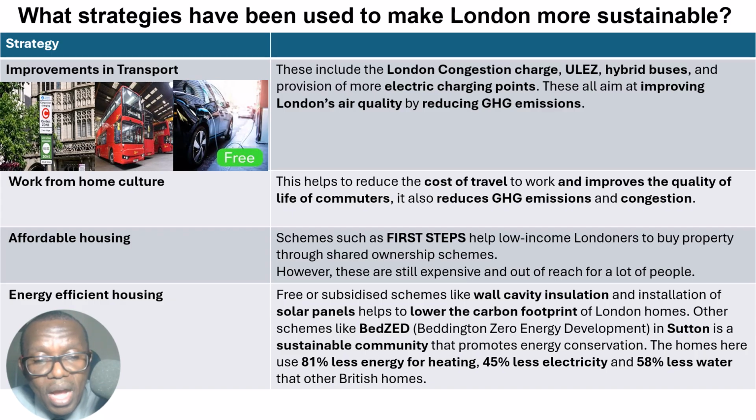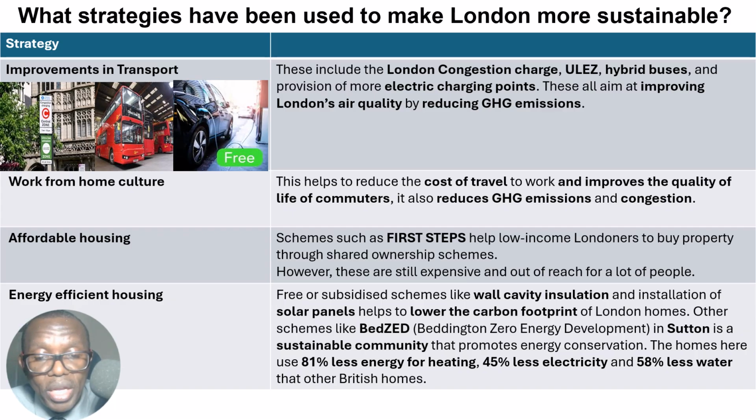Then lastly, we have energy efficient housing. Now, the government has provided free or subsidized schemes like wall cavity insulation, which is where you insulate housing so that it's a lot more efficient. It retains heat during the winter, and therefore you reduce your costs on heating, and that also has a lower carbon footprint.